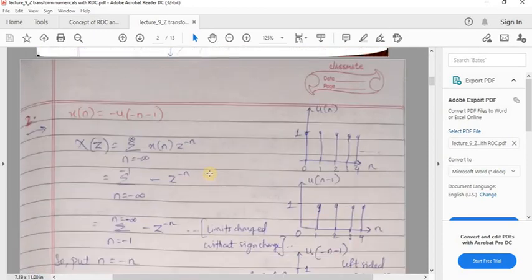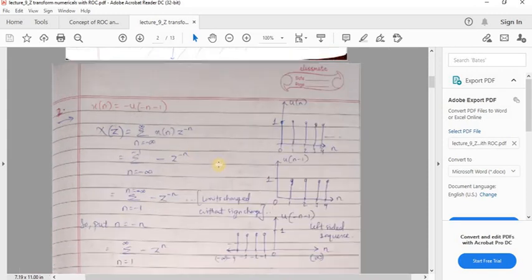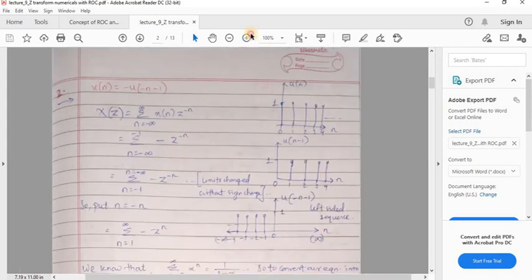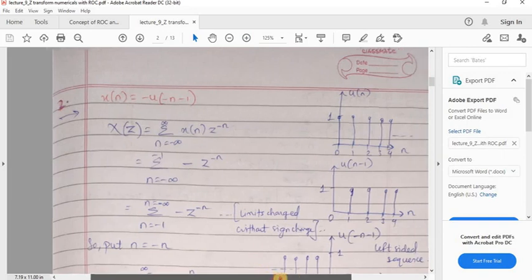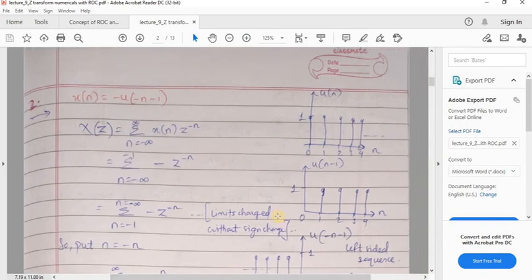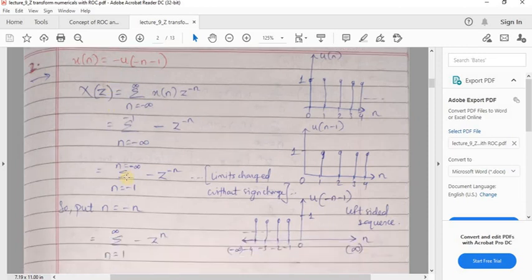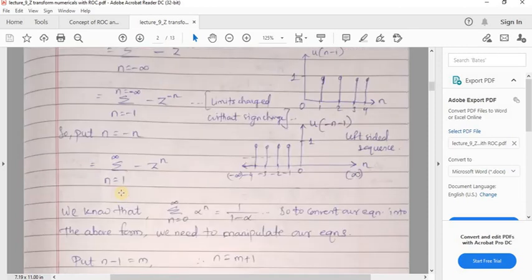The next problem you have already seen: it is a left-handed sequence problem, which is the opposite of the right-handed sequence. In a left-handed sequence problem, the region of convergence is inside the unit circle or pole. Here there is no pole, and we already solved this problem in the last lecture.